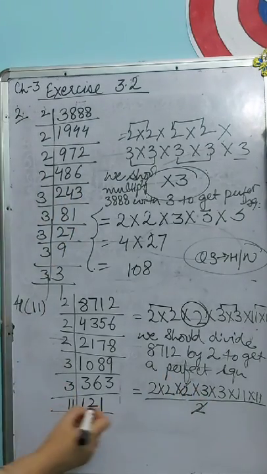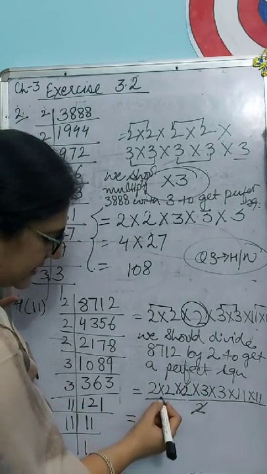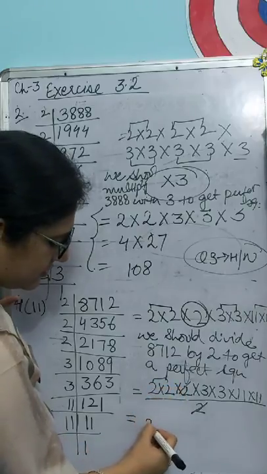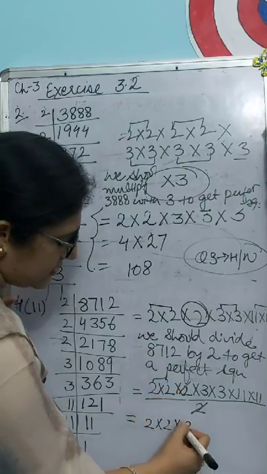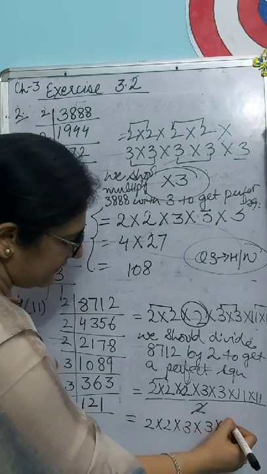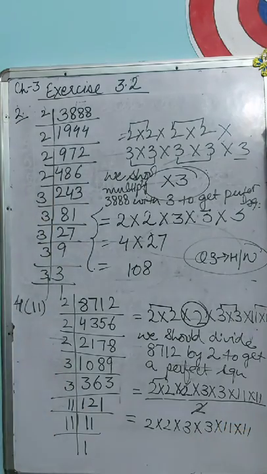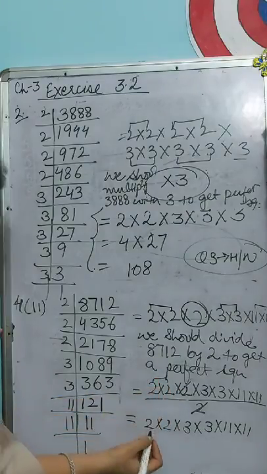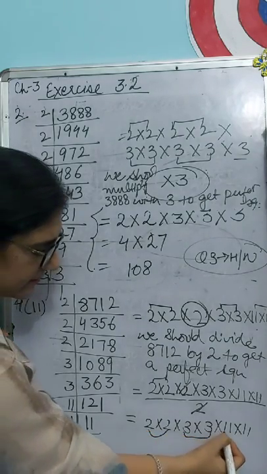This was a pair. So now our answer will be 2 into 2, 3 into 3 and 11 into 11. Also it is asked in the question, also find the square root of the resulting number. So the square root is in front of you all, these pairs.